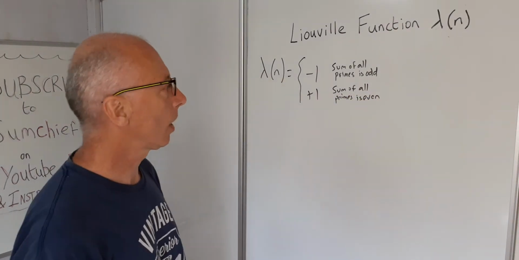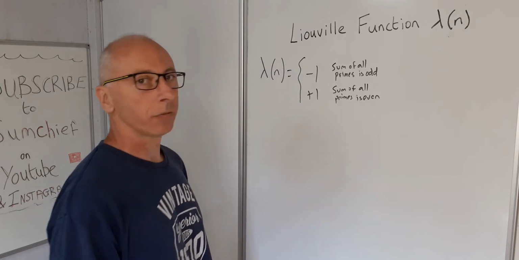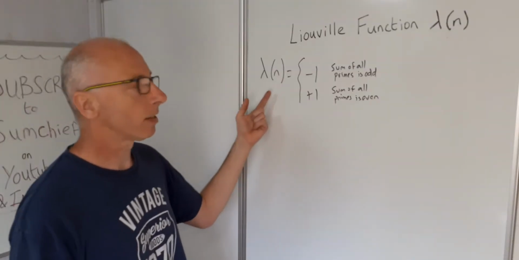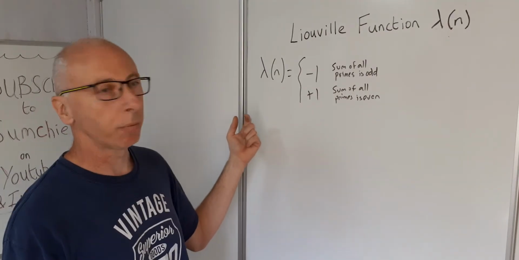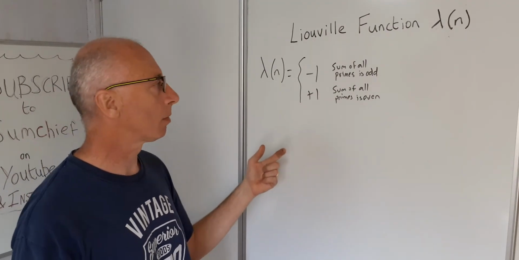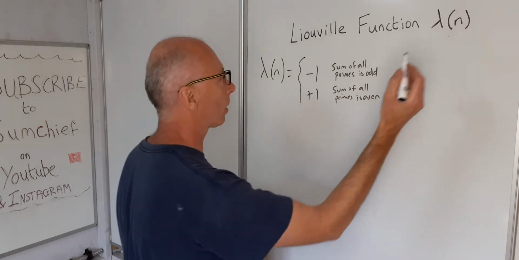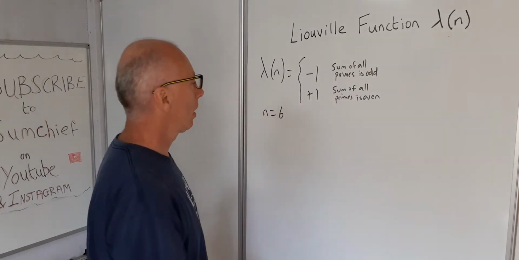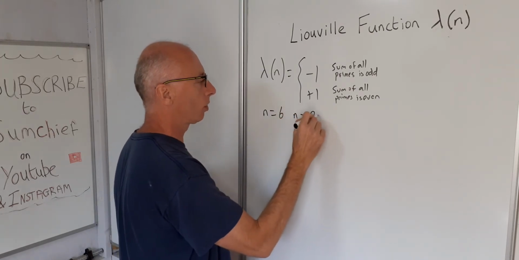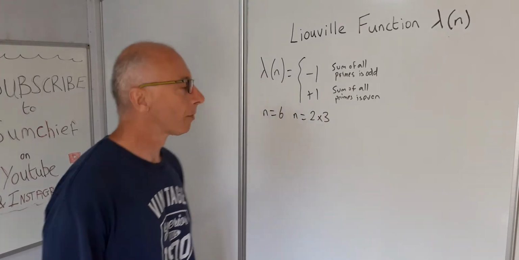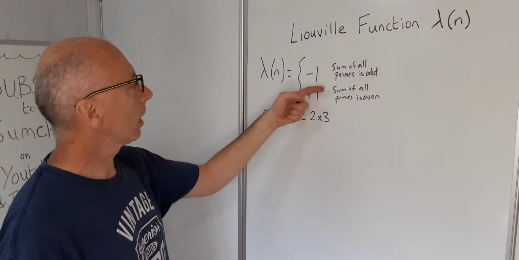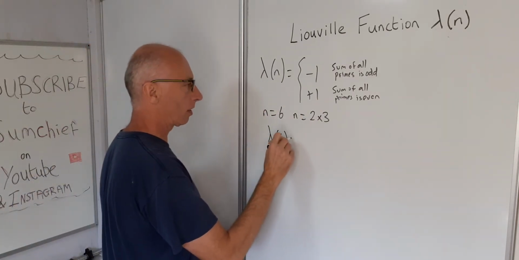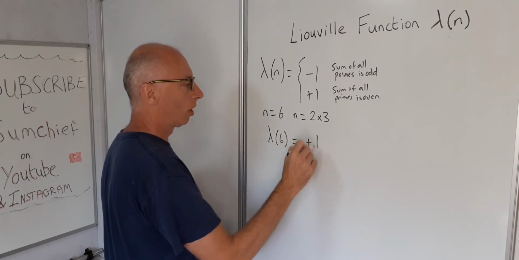Okay, so now the fundamental theorem of arithmetic tells us that a number n is made up of a product of so many different primes. So for example, if you take the number 6, n equals 2 times 3. So therefore in this case lambda of 6 equals plus 1.